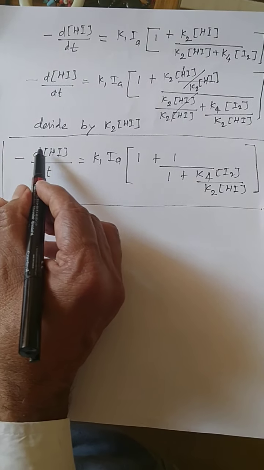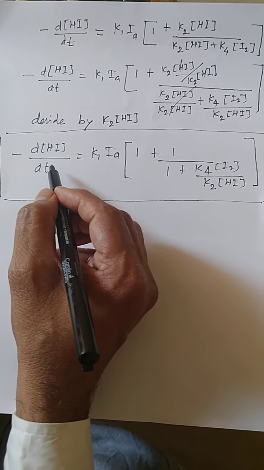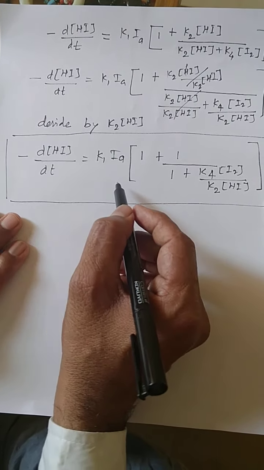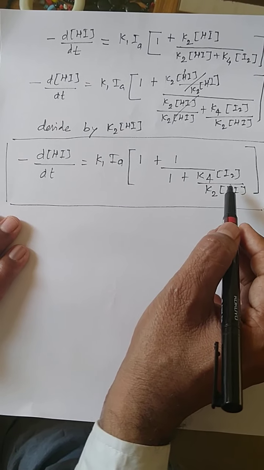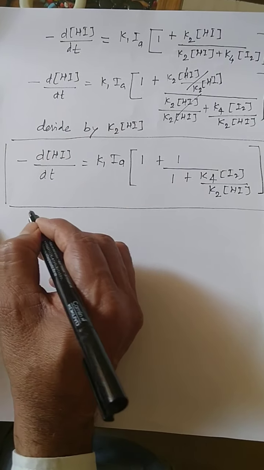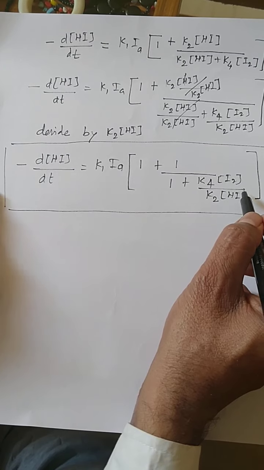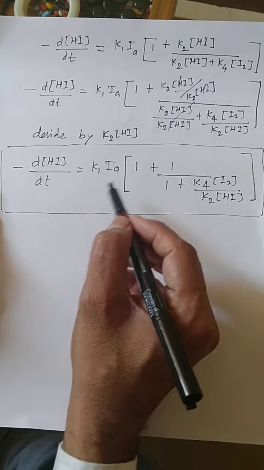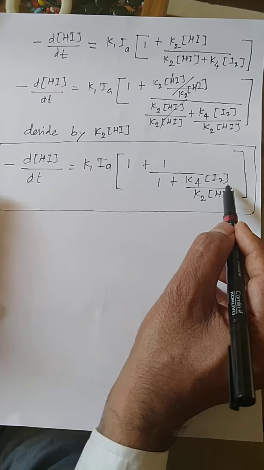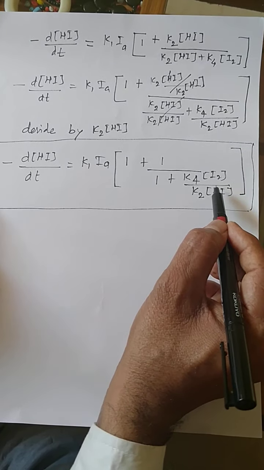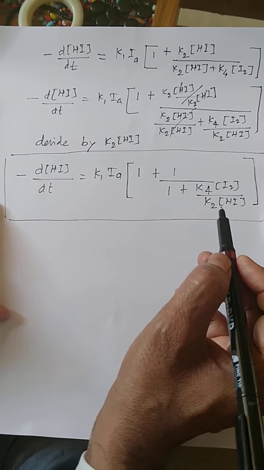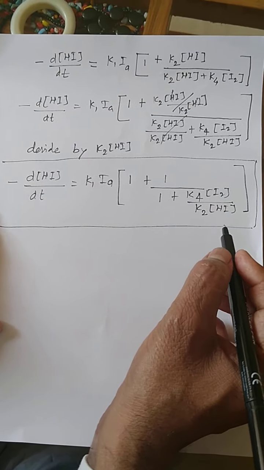Now as the reaction proceeds, the concentration of I2 increases and the quantum yield decreases. As the decomposition of HI proceeds, the concentration of iodine increases. That means there is a recombination process, and in the product the formation of HI takes place.